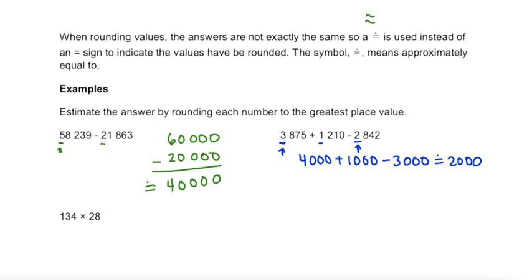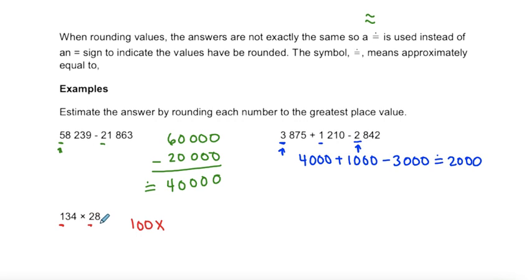And sometimes when we are rounding, we're not going to be able to round them both to the same place value. So in this last one, I can round the first number to the nearest hundred. The number to the right of that is less than 5, so I keep it as 100. And for this one, I'm going to round to the nearest 10. So I'm not rounding to the same place value, but I'm rounding to the greatest place value for each of those numbers.